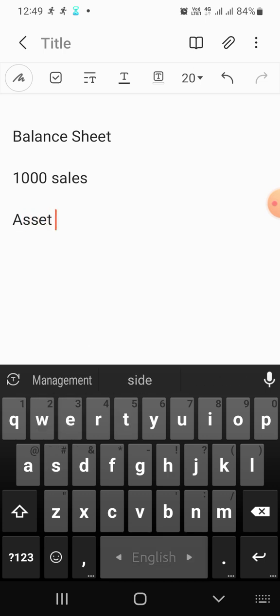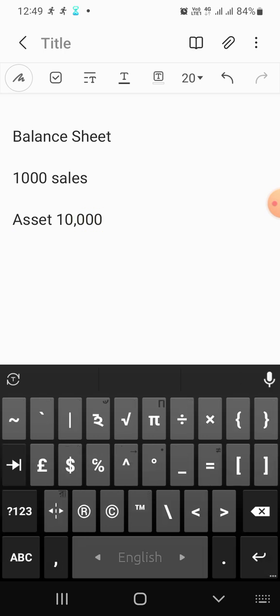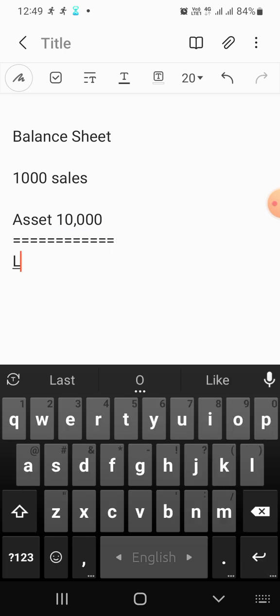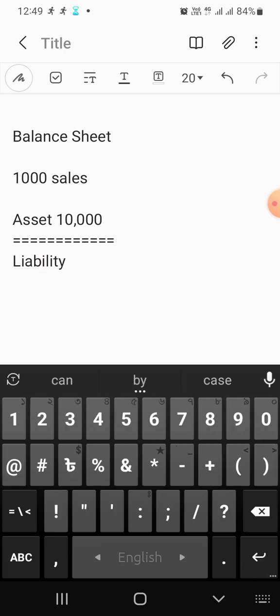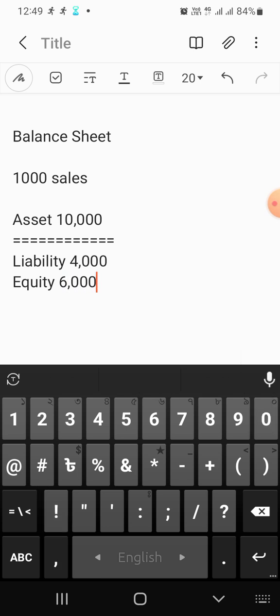For example, I consider my asset is 10,000 taka. Asset 10,000 taka. And in the liability part I have 4,000 taka, and in the equity part I have 6,000 taka.